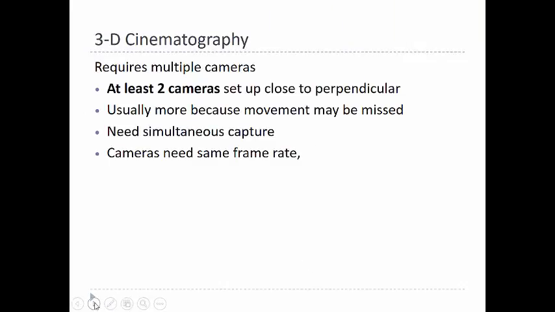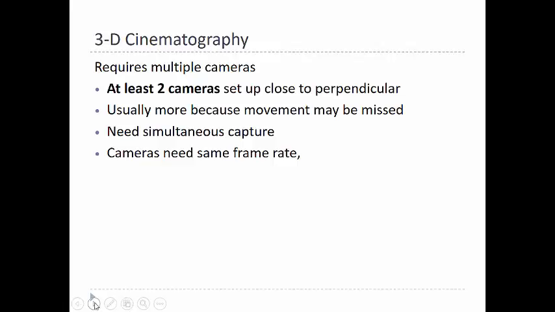To use 3-dimensional video or kinematic analysis, it requires multiple cameras. A minimum of 2 cameras is required. Usually we need more because the movement may be very complex and we may not capture all of it with just 2 cameras. The 2 cameras that we utilize need to be recording simultaneously.